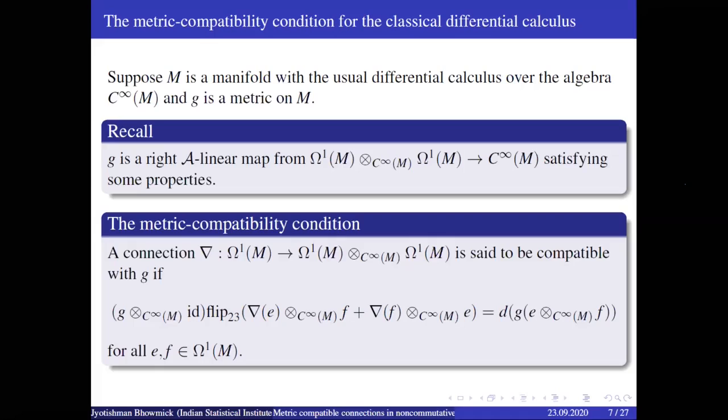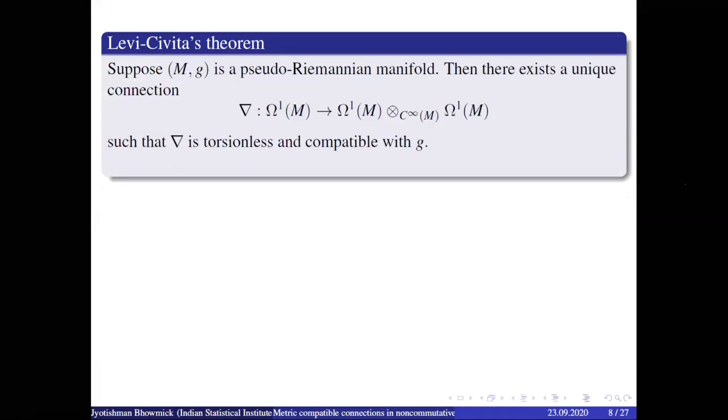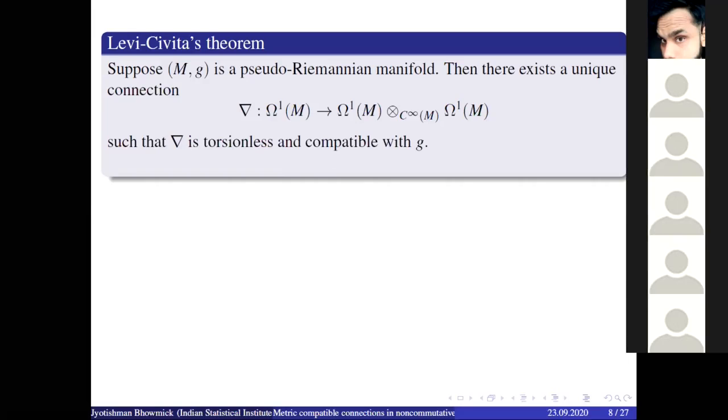So what good is it? It's needed and it's useful because of the following theorem. Suppose M is a manifold, and I have fixed a pseudo-Riemannian metric on it. Then there exists a unique connection which is torsionless and compatible with G. So it's a unique connection.